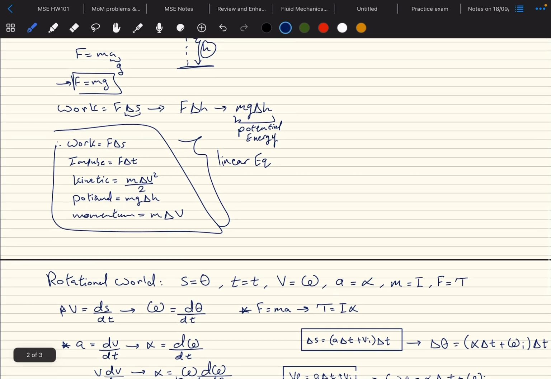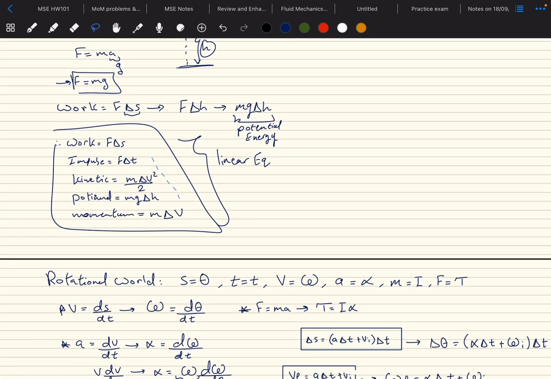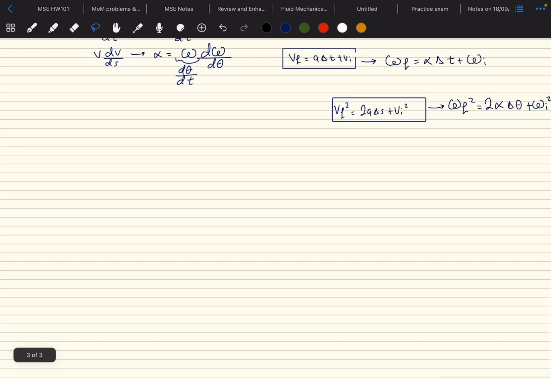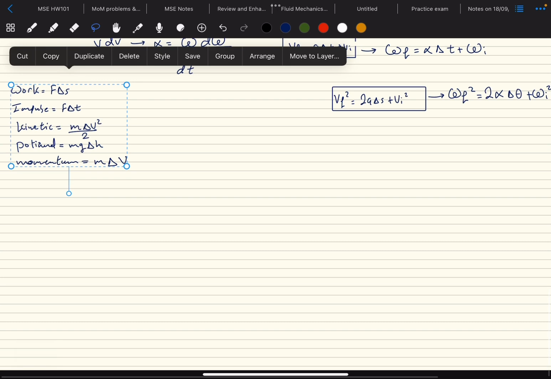Same goes for our linear equations in here. Copy, paste.